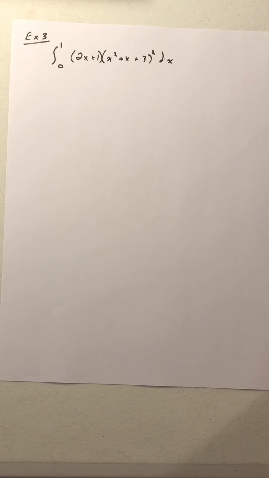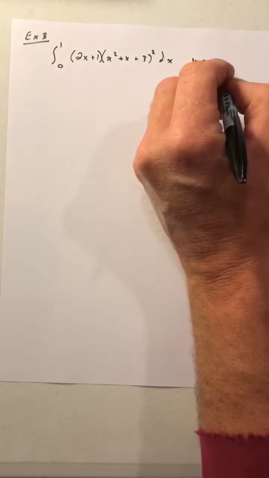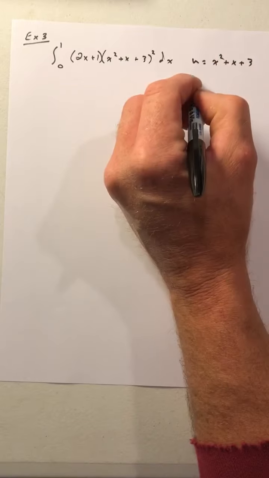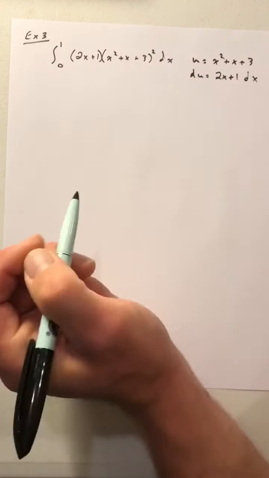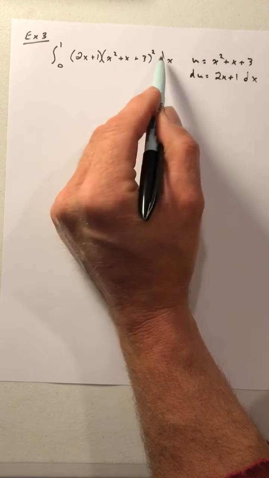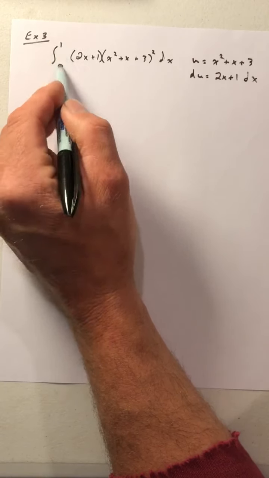We're going to integrate from 0 to 1 of 2x plus 1 times the quantity x squared plus x plus 3, squared, dx. Again, we'll let our u be that quantity, x squared plus x plus 3. du is going to be 2x plus 1 dx. So in this case, we have a nice clean substitution. Our 2x plus 1 dx is going to go out, and our du is going to go in its place. We're going to replace that 0 and 1.